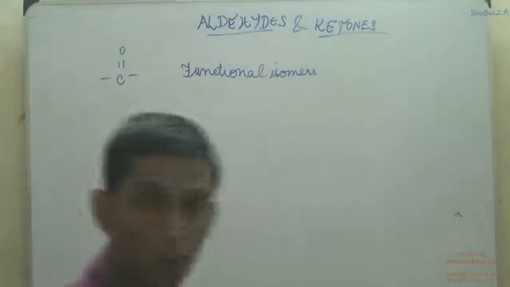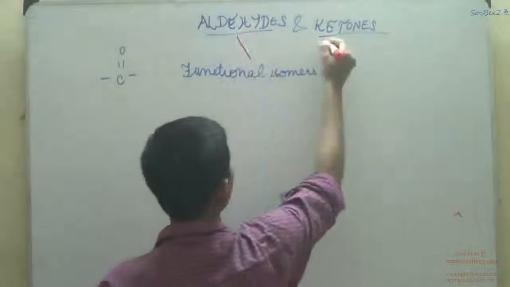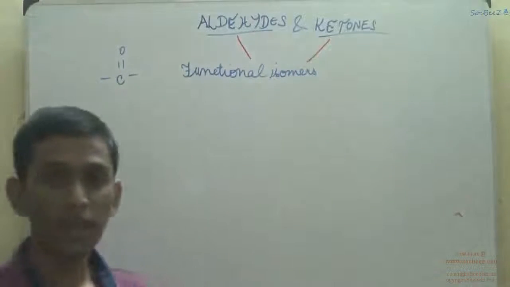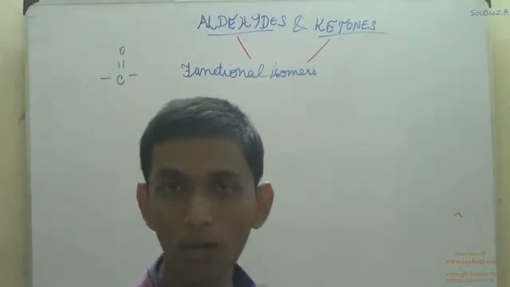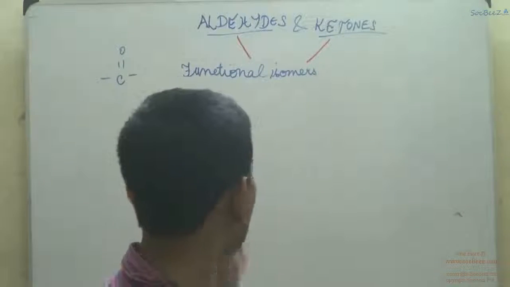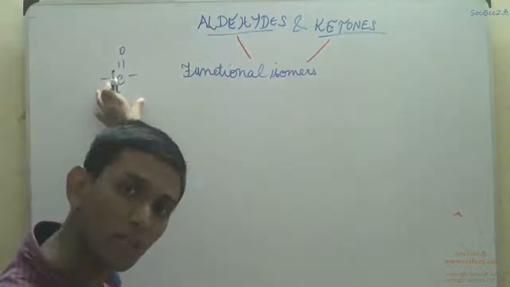Carbonyl compounds have the C=O group. Aldehydes and ketones are functional isomers of each other. That means a compound having the same formula can be an aldehyde or a ketone depending upon the location of the C=O group.